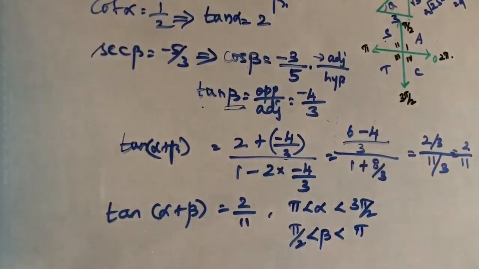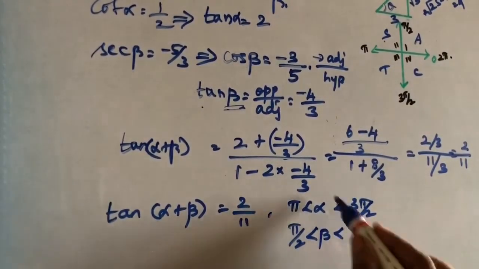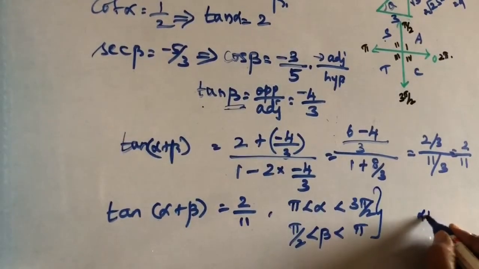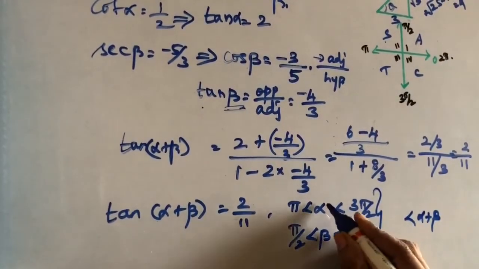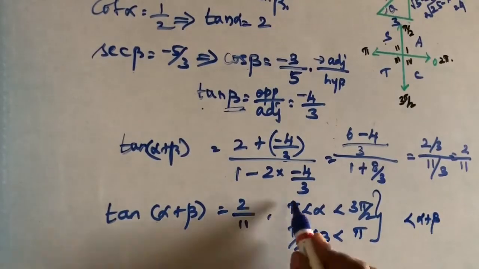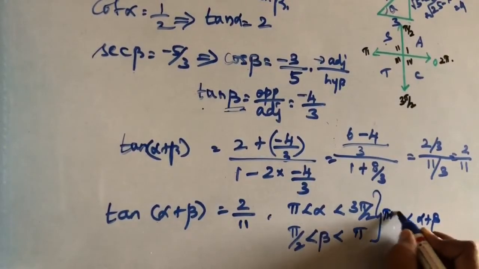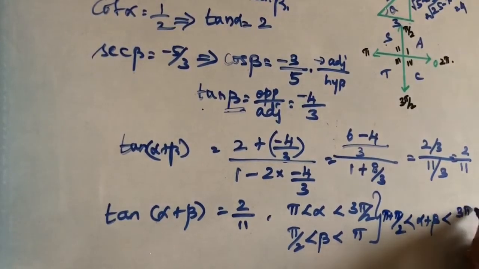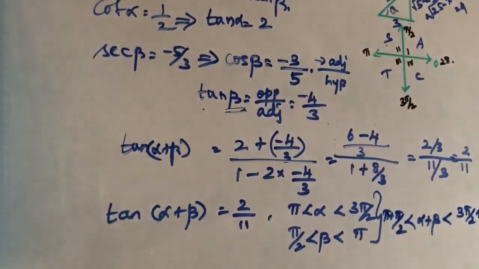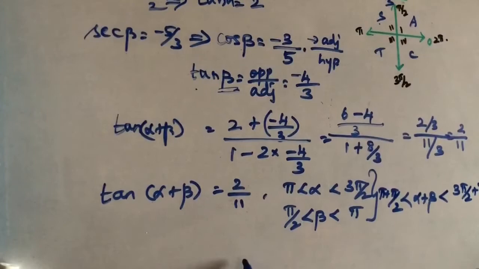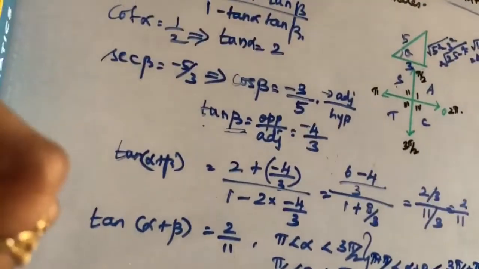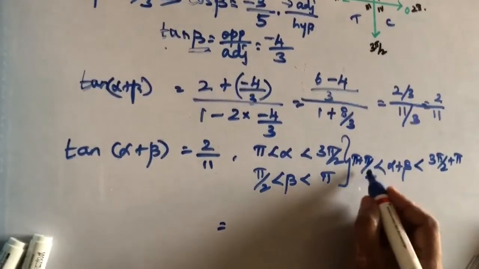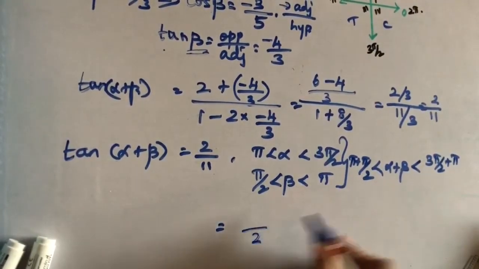We are going to add them. I want to know in which quadrant alpha plus beta terminates. So for alpha plus beta, I have added this. Now pi plus pi by 2. Here 3 pi by 2 plus pi. So pi plus pi by 2, we can take 2 as LCM.